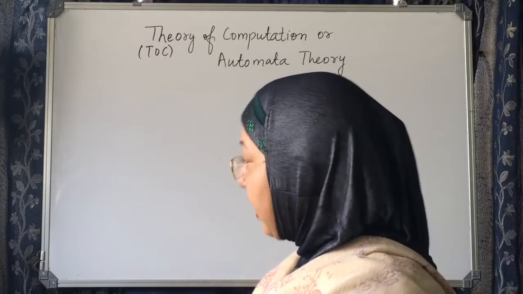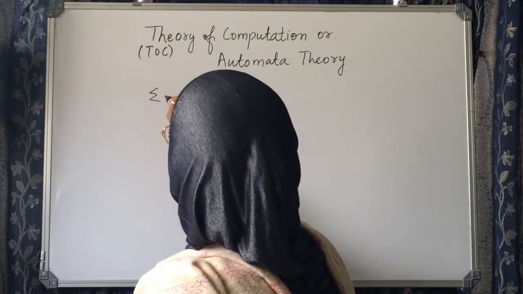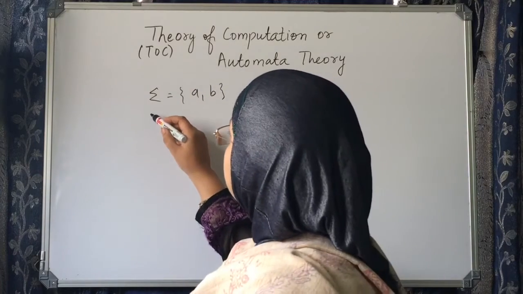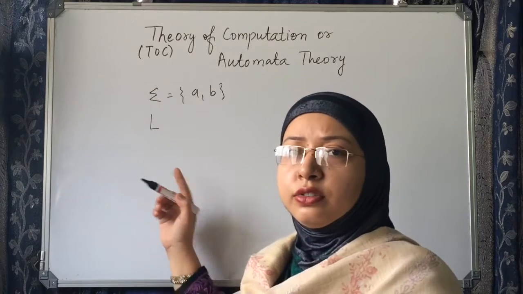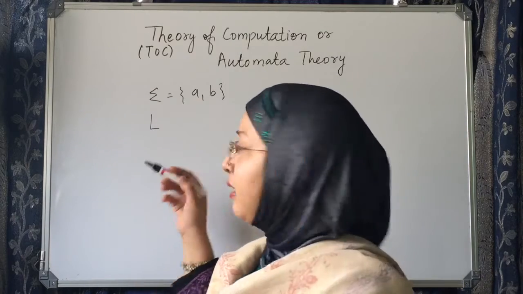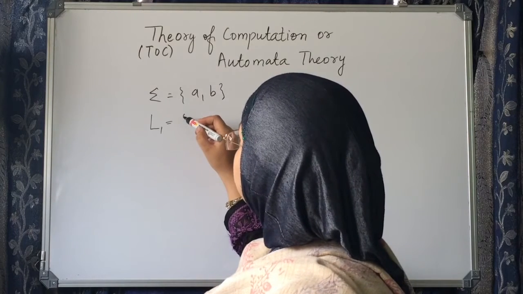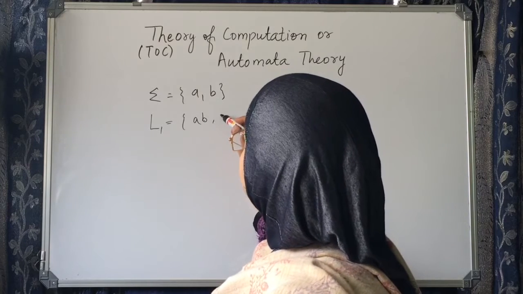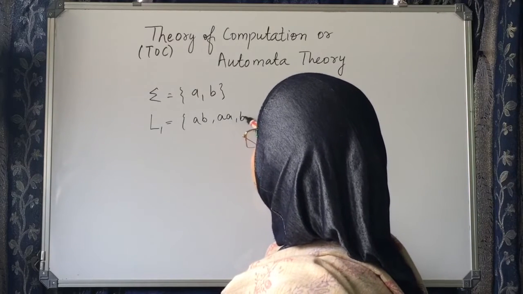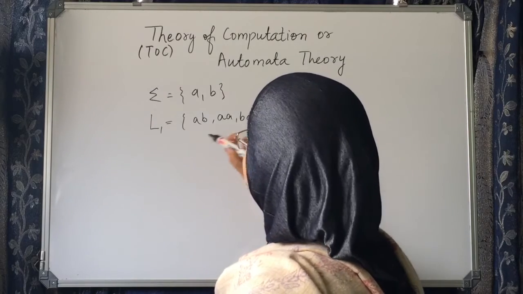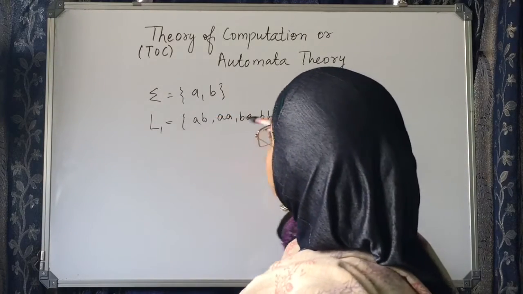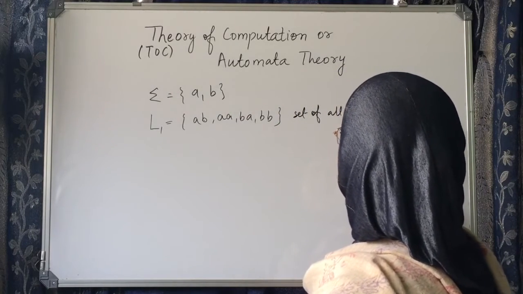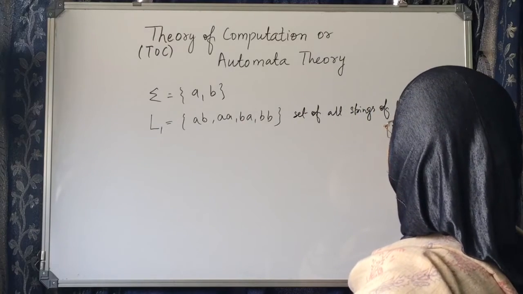Finite in the sense that, if it is given like this, your alphabet is A, B, and a language is generally denoted by L1, L2, L3 or L. L1 is the set of all strings of length 2: AA, AB, BA, BB.